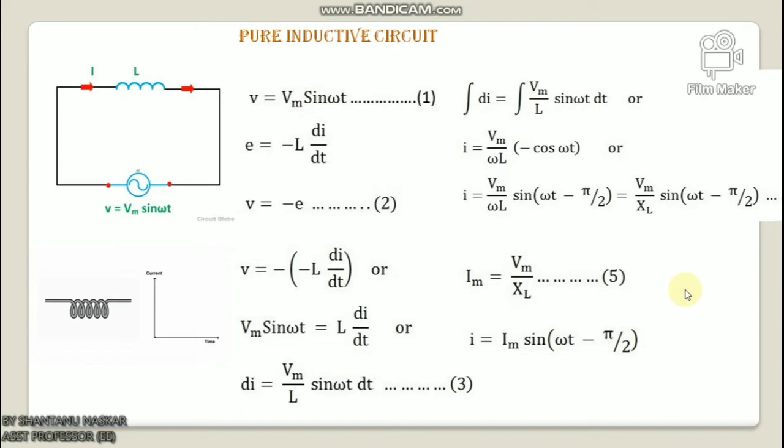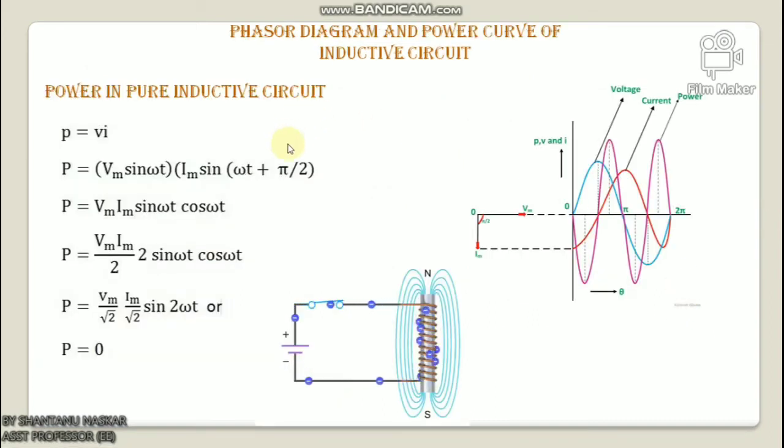Simple. Okay. Now let us discuss the phasor diagram and power curve of the inductive circuit, and power in a pure inductive circuit. The current in a pure inductive AC circuit lags the voltage by 90 degrees. We all know that. The waveform, power curve and phasor diagram of a purely inductive circuit are shown in this picture.